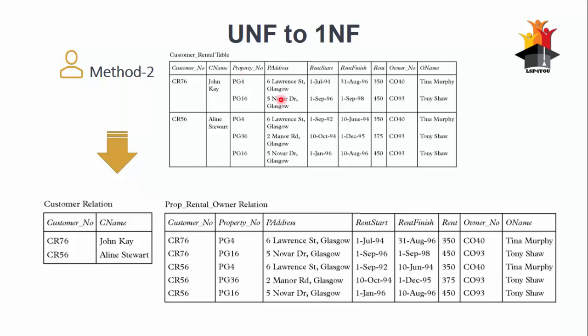So remove property number, property address, rent start, rent finish, rent, owner number, owner name. Put it in a separate table along with a copy of the key attribute. So the remaining attributes in the base table are customer number and customer name that you can keep separate. So this is the second method. By using these two methods, you can transform an unnormalized table into first normal form.